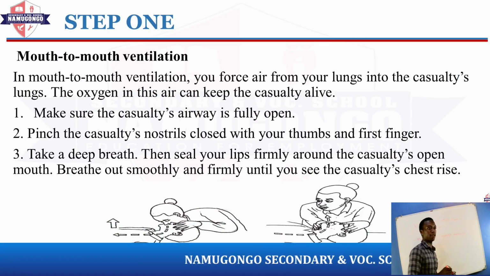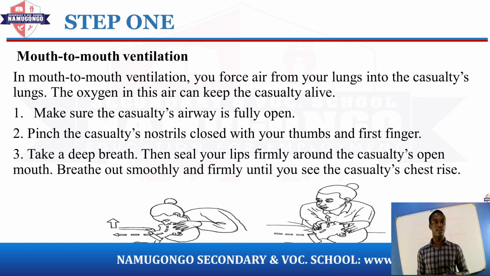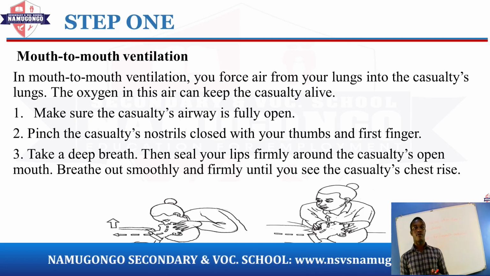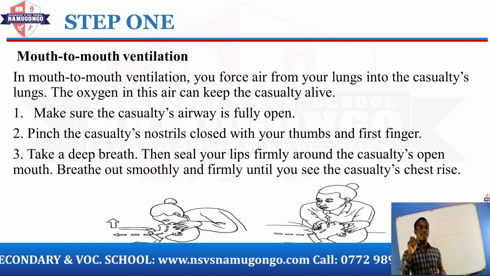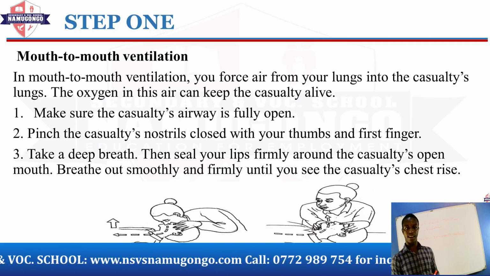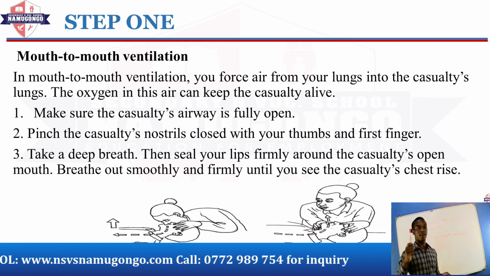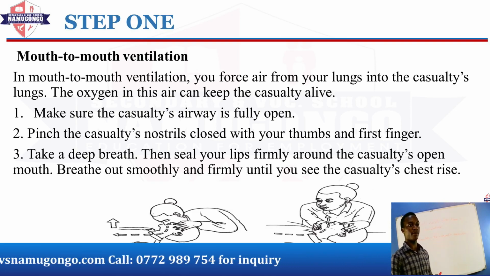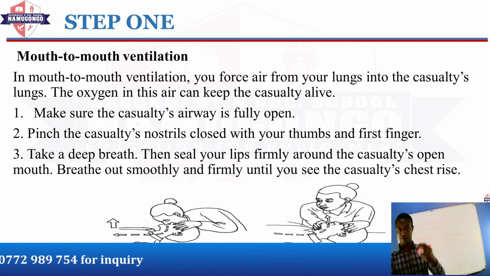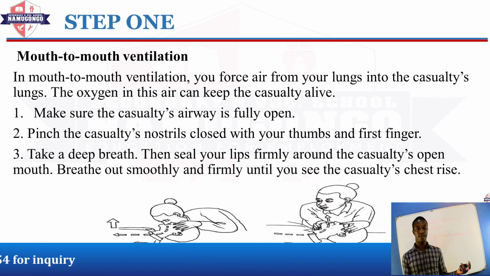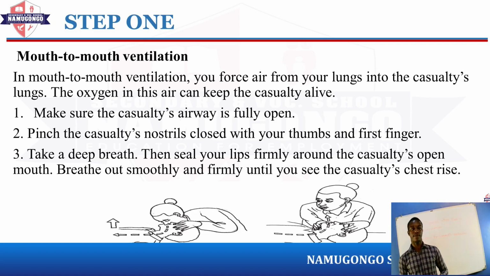In mouth-to-mouth ventilation, you force air from your lungs into the casualty's lungs. The oxygen in this air can help keep the casualty alive. How do you do this? Make sure the casualty's airway is fully open. You know how to open the casualty's airway. Pinch the casualty's nostrils closed with your thumb and first finger.